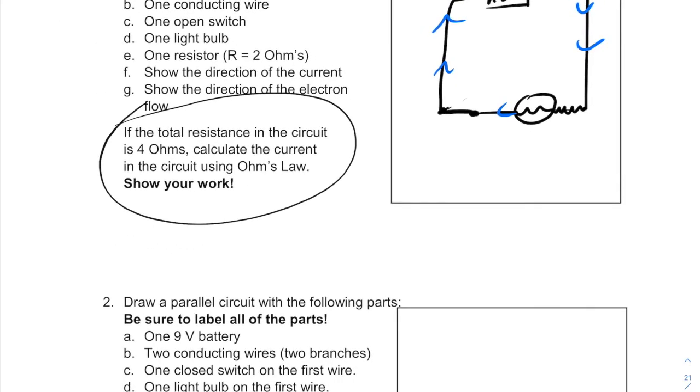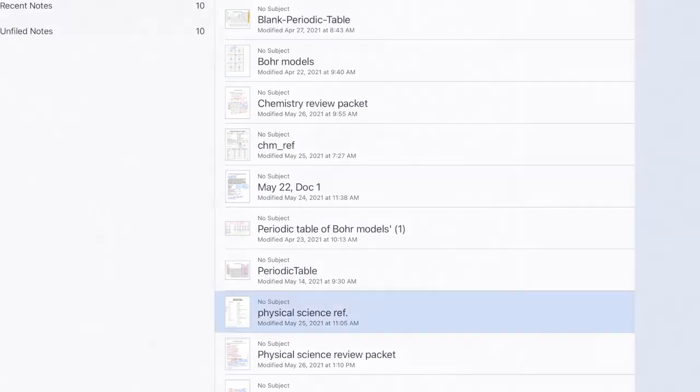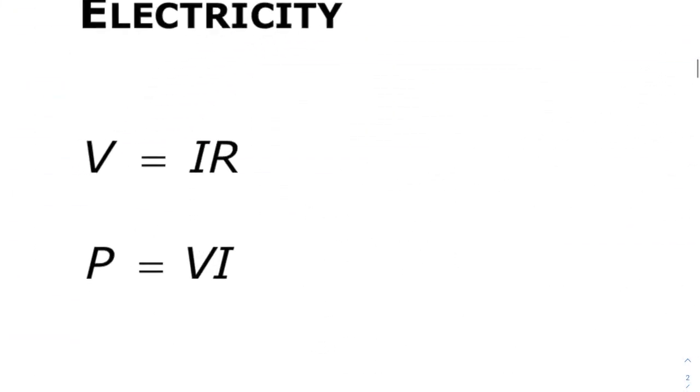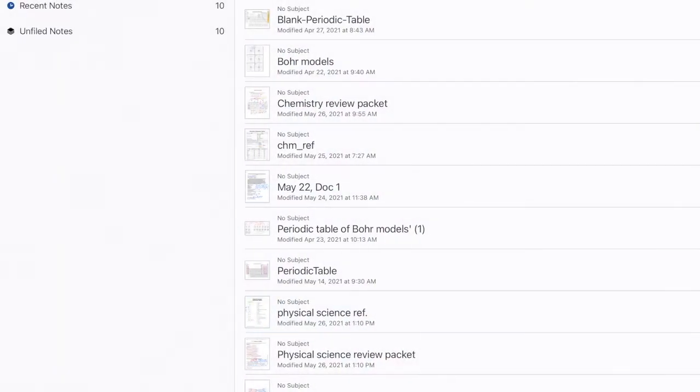If the total resistance of the circuit is 4 ohms, calculate the current in the circuit using Ohm's law. In your reference table, which you should have out when you take the exam, we have got an equation which is V equals IR. That's the Ohm's law equation.